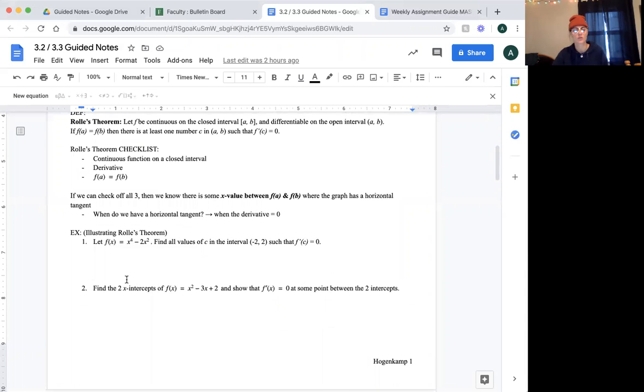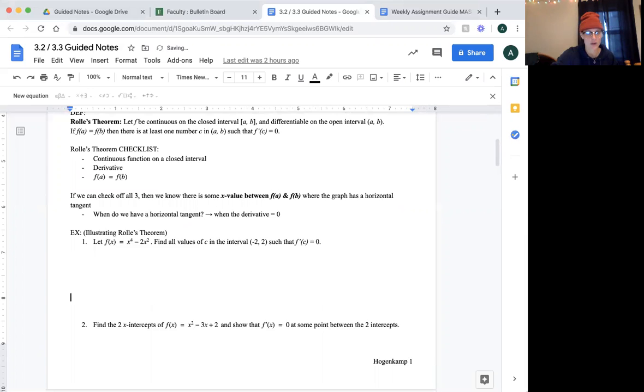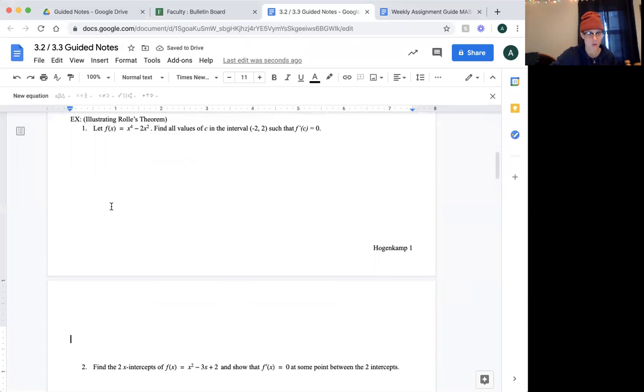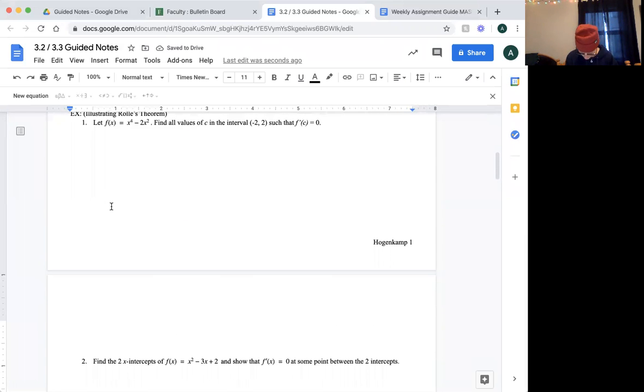Illustrating Rolle's theorem. Let f of x equals x to the 4th minus 2x squared. Find all values of c in the interval -2 to 2 such that f prime of c equals 0. So we want to go ahead and employ our nice little checklist here, right? The first thing, continuous.